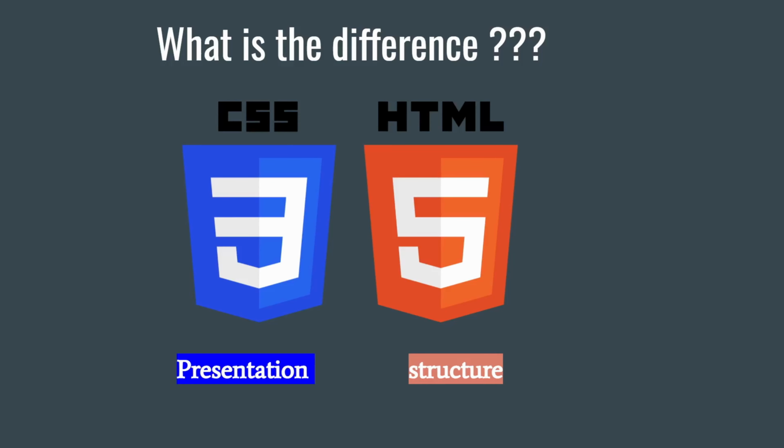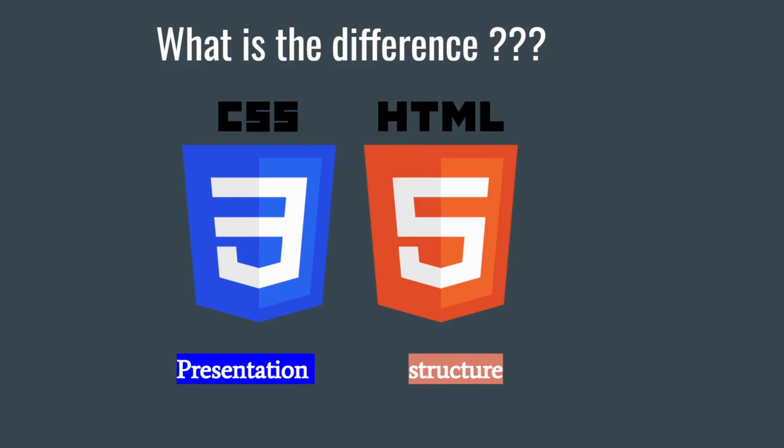pictures, all these things. So you put the videos with HTML, you put the text with HTML, and you put the paragraphs, the headings, all of these things, you put them with HTML and you make the first structure of the web page. And then you take this page and edit it in CSS language to make it better looking, to add a lot of colors, a lot of animations and these things to the web page.